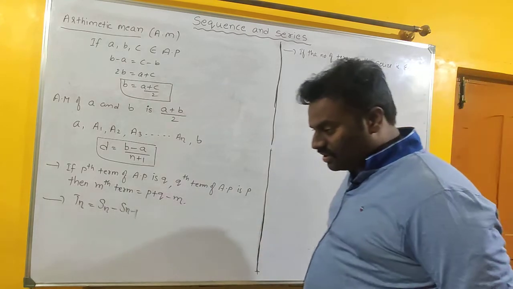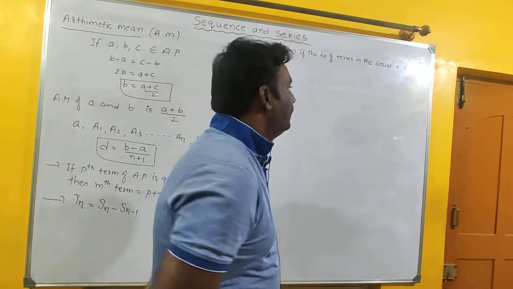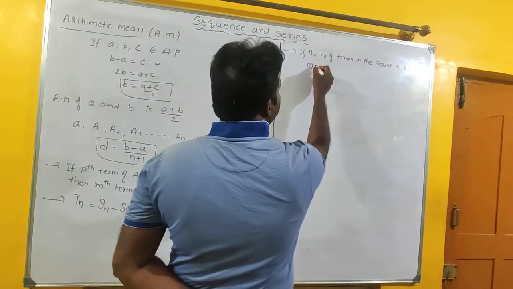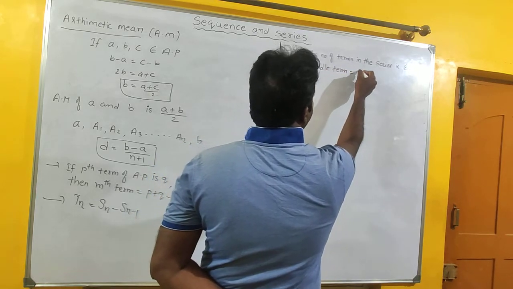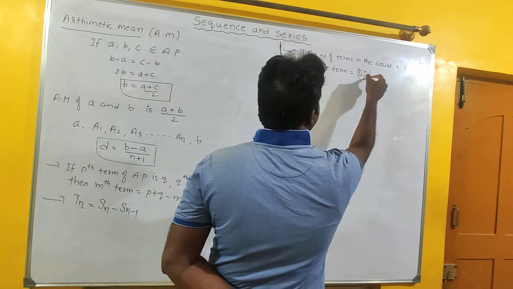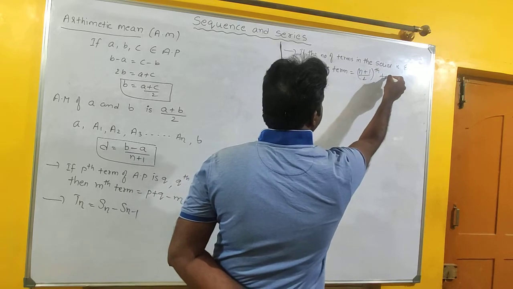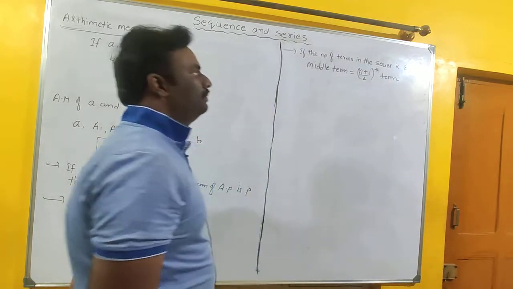If the number of terms in the series is even, then the middle term is the (n plus 1) by 2th term.